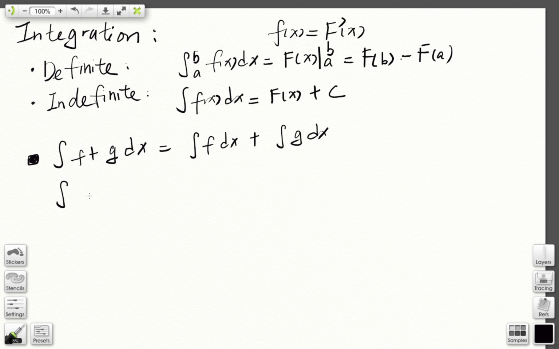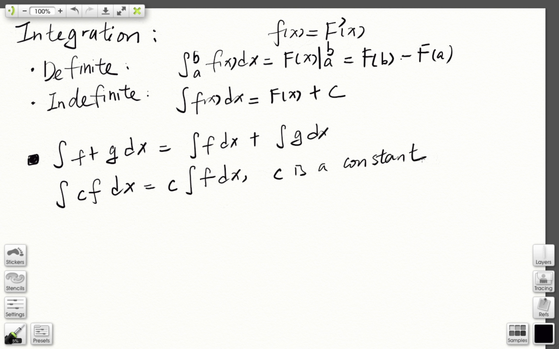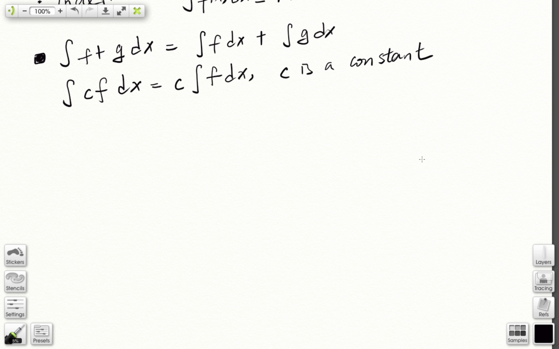The second one is the integral of a constant times a function: we can take the constant out of the integral and have this. So this is the first technique.